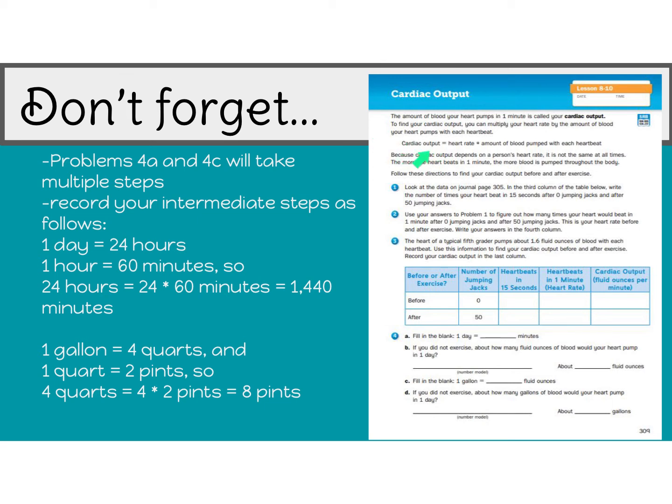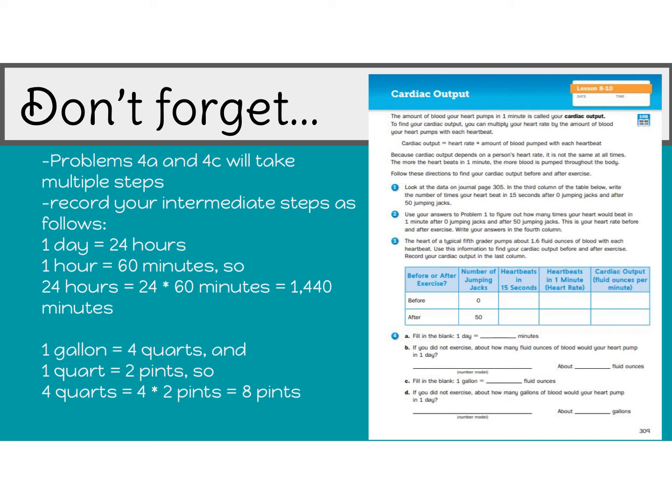Cardiac output equals heart rate times amount of blood pumped with each heartbeat. Because cardiac output depends on a person's heart rate, it is not the same at all times. The more the heart beats in 1 minute, the more blood is pumped throughout the body. Follow these directions to find your cardiac output before and after exercise.